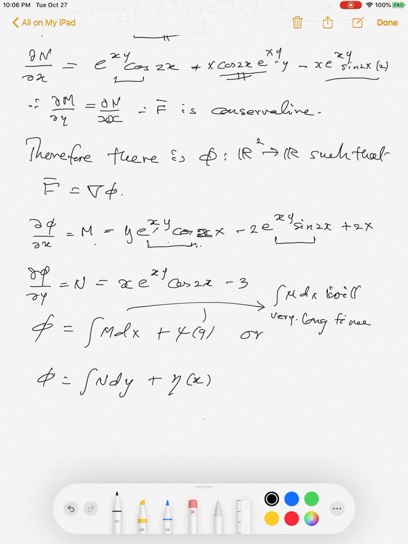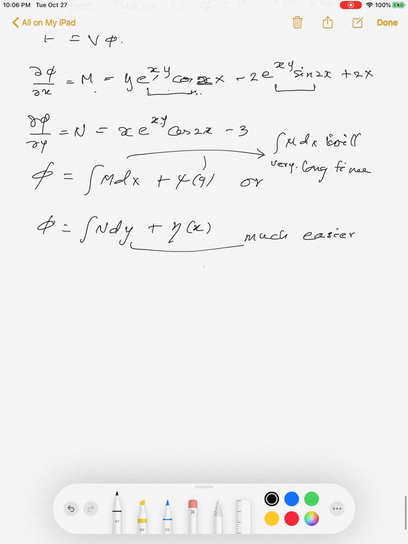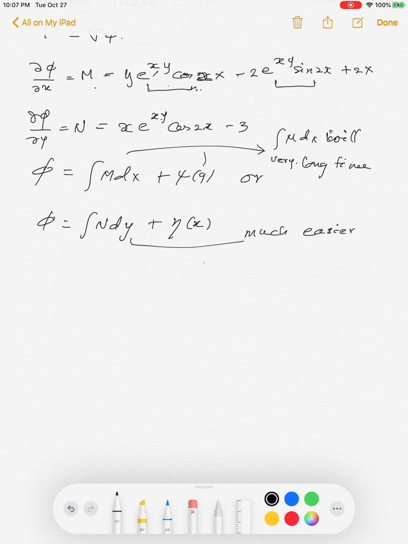So it will take a very long time. On the other hand, if you integrate N with respect to y, y is only involved in this term, so this is much easier. So in a given problem, you choose which route you want to take, whether you integrate M with respect to x or N with respect to y.